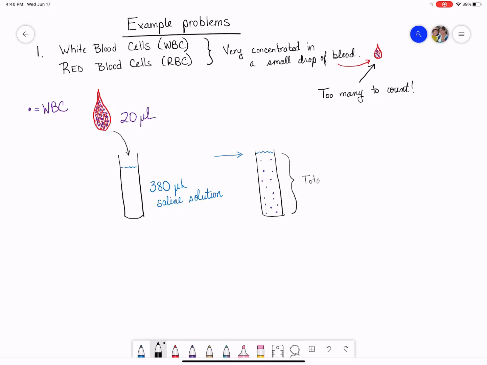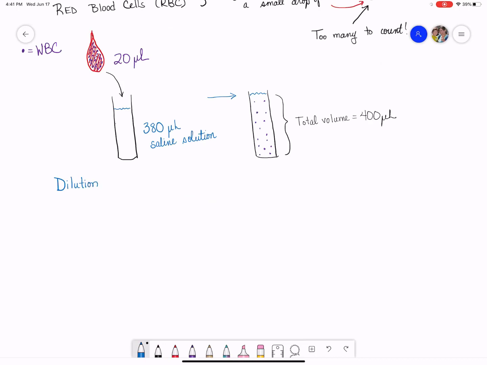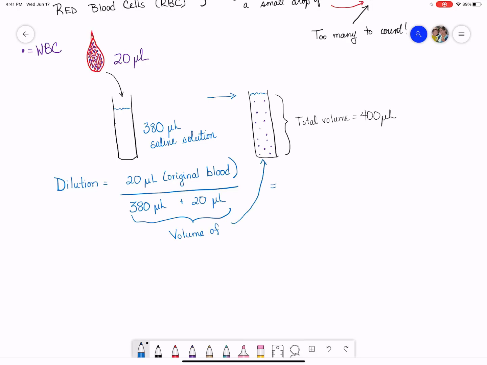Here's the math. We take 20 microliters over the total volume of the new diluted solution, which is 380 microliters of saline plus 20 microliters of blood, which gives us 400 microliters on the denominator. So 20 divided by 400 is 1 over 20.